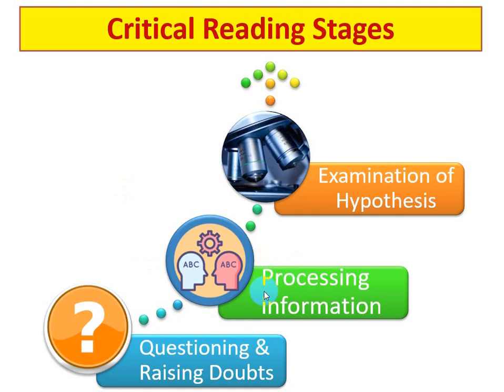Then you process the information inside your mind, and finally you examine your hypothesis according to the data and information given or included in the text. So we have 3 stages: questioning and raising doubts, processing information, and examination of hypotheses and assumptions.